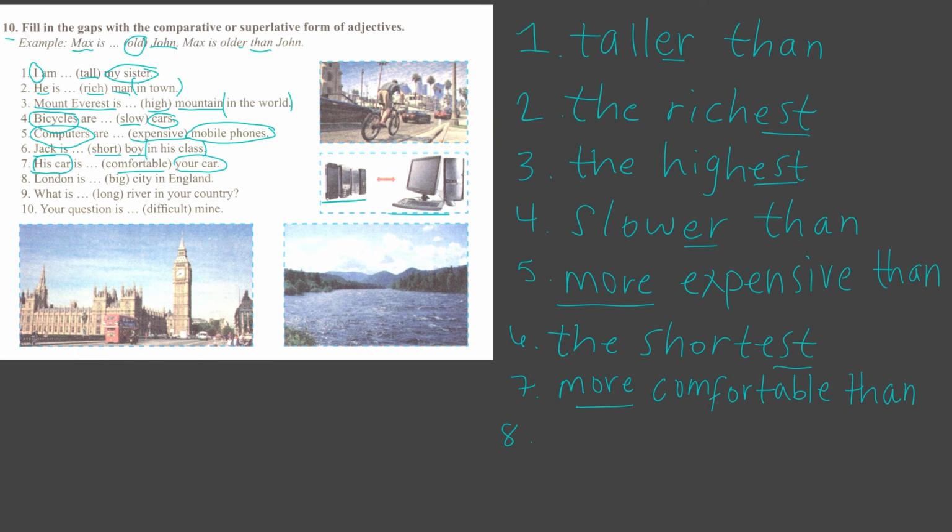Number 8, London is blank city in England. So London is a city in England. London and city refer to the same thing. And we have the prepositional phrase in England, in the entire country.